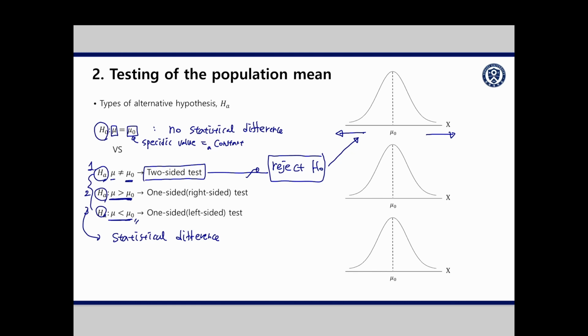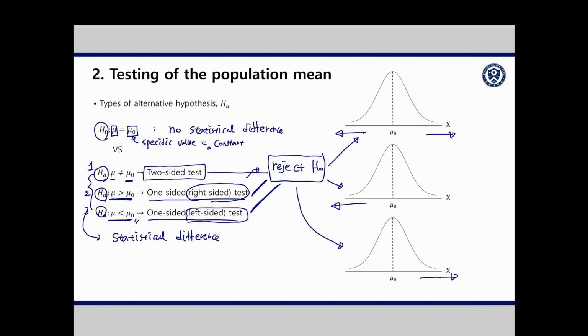In category 2, the direction of rejecting H0 is like this, so it is called the one-side test or right side test. In category 3, the direction of rejecting H0 is like this, so it's called the one-side test or left side test.